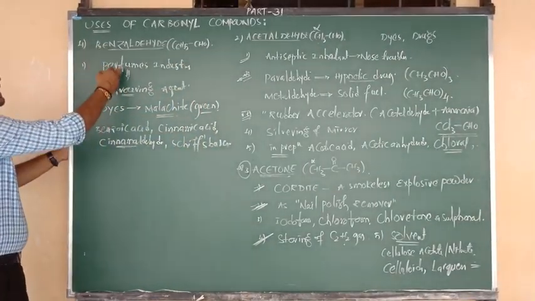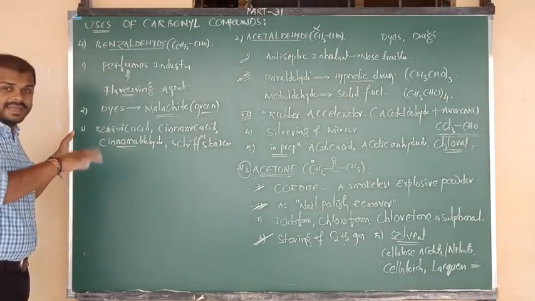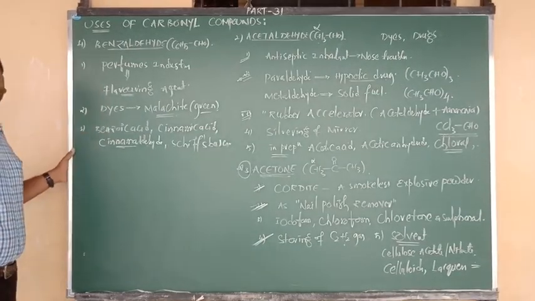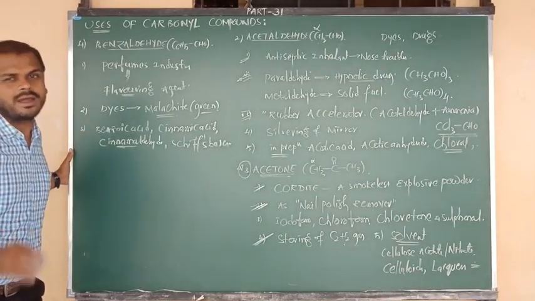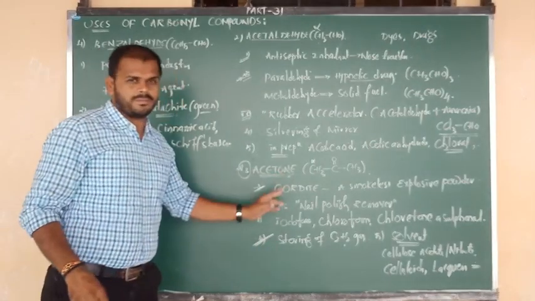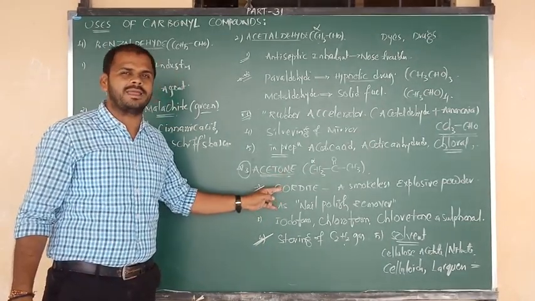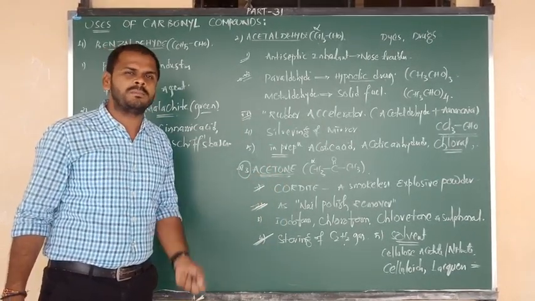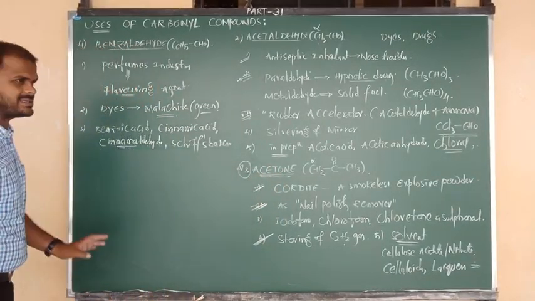So benzaldehyde, in the aldehyde category, is negative for Fehling's but positive for Tollens. It can be used in the silvering of mirrors. You can't write that for acetone, because acetone is a ketone, which does not form the silver mirror and does not form the black precipitate in Tollens test.